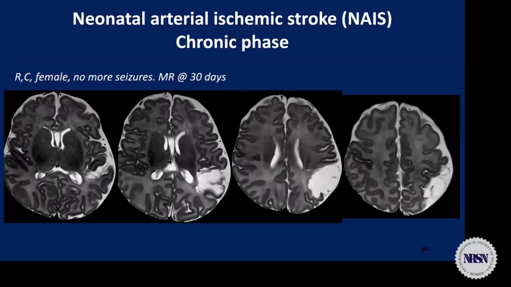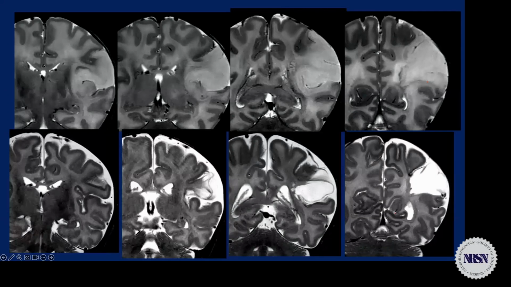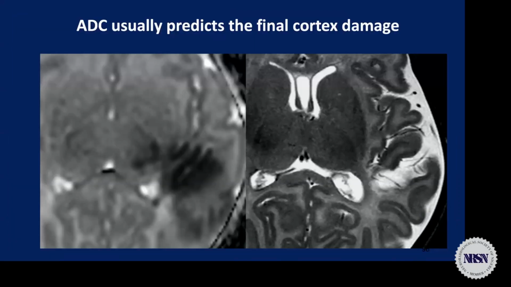And at the end stage, you can see this porotic malacic area, no more cortex, a hole, I can say, and you can see here the comparison of the acute and chronic stage. And if you look at the ADC in the acute phase, this can predict the final stage.